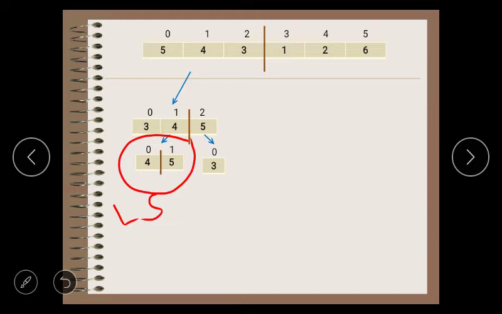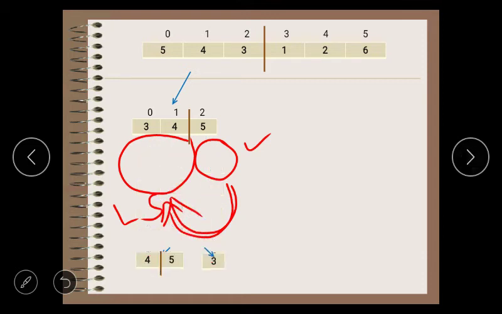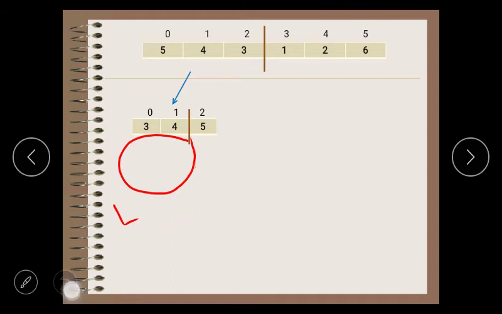Now consider the right sub array. As the right sub array has only one element, that element should be merged with the left sorted sublist. Are you following? After that, this is the array we have.